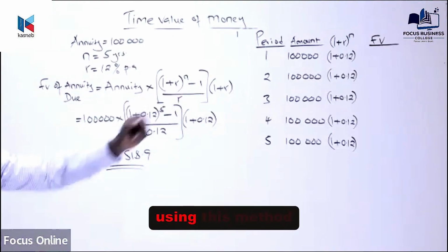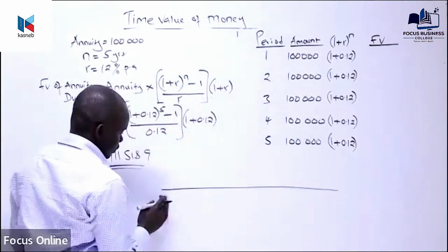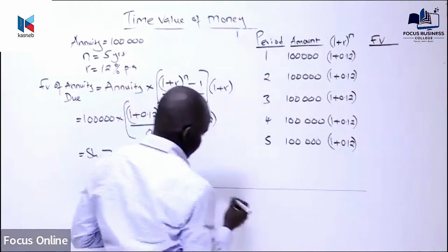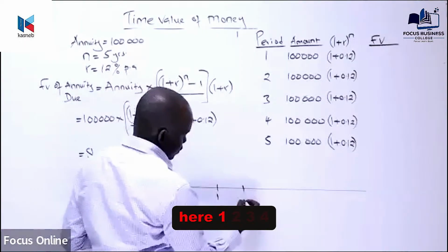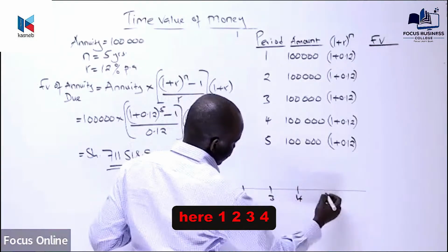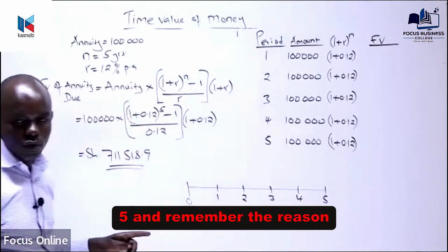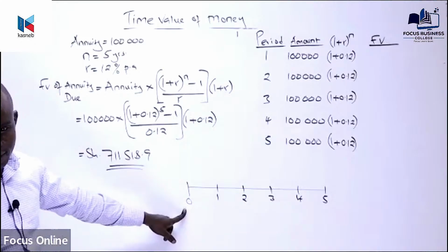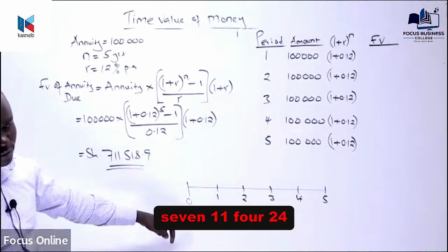711,518.9. Now, using this method, we will have 0 here, 1, 2, 3, 4, 5. Oh, someone else is getting 424? 711,424.